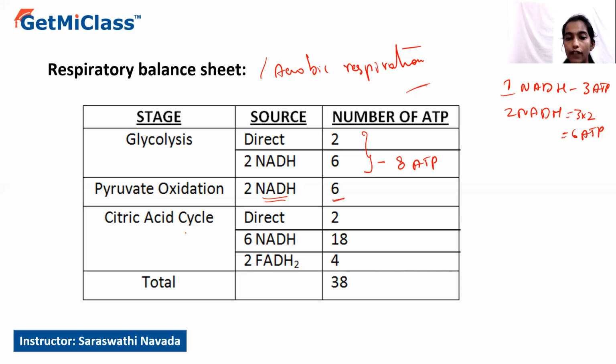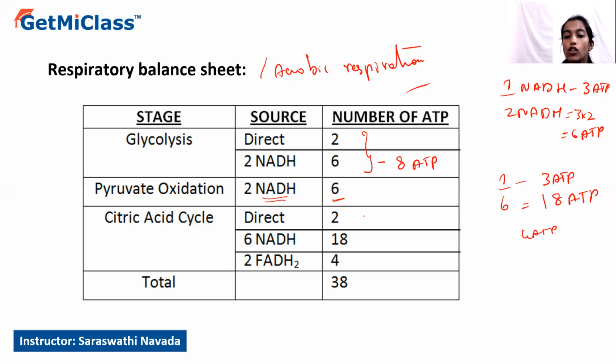In the Krebs cycle or citric acid cycle, we have listed the end products. 2 molecules of ATP are produced directly, and totally 6 NADH molecules are produced. For 1 NADH, it is 3 ATP, and for the 6 molecules of NADH, it will be 18 ATP molecules. And 2 FADH2 molecules are produced during the Krebs cycle, which produce totally 4 ATP molecules.